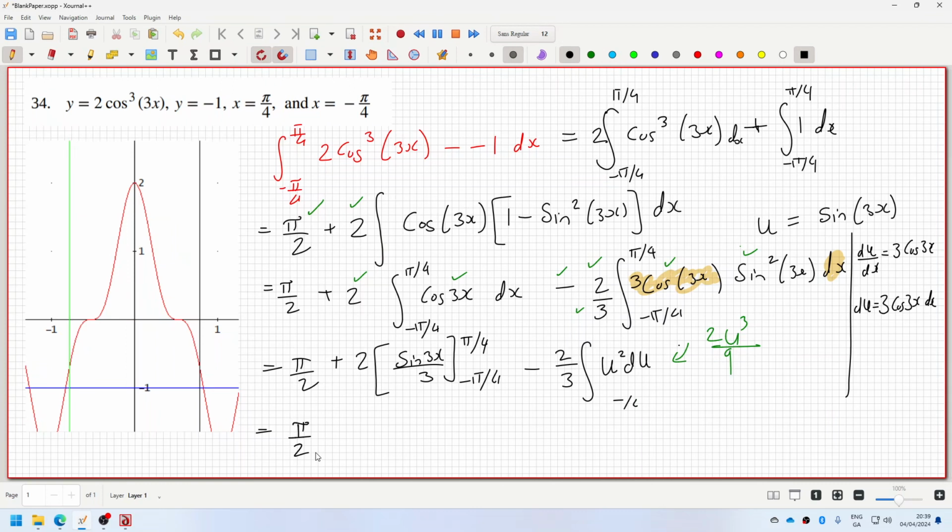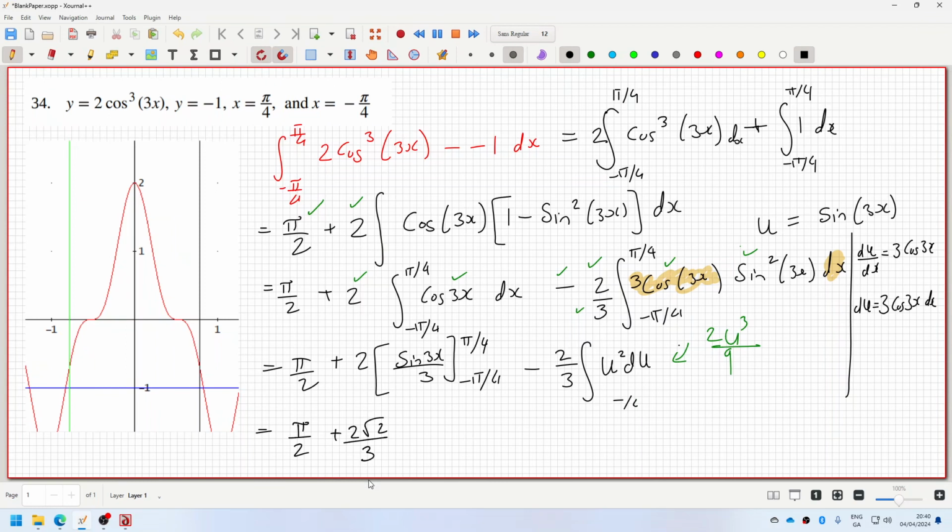All right, and then let's see. Maybe I forgot to divide by 3, actually. I think that's probably it. 2.5.